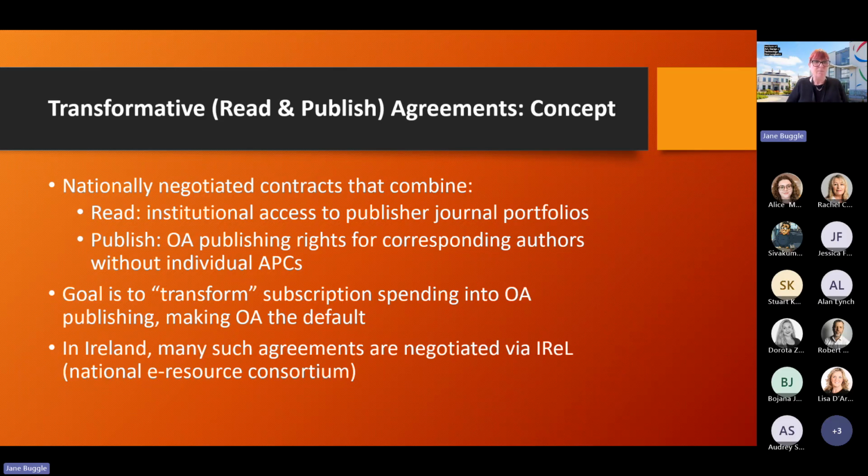So it means the corresponding author needs to be from our institution. The goal is to transform subscription spending into open access publishing, making open access the default for research. In Ireland, many such agreements are negotiated via IReL, the Irish Research Electronic Library, which is the National e-Resource Consortium.